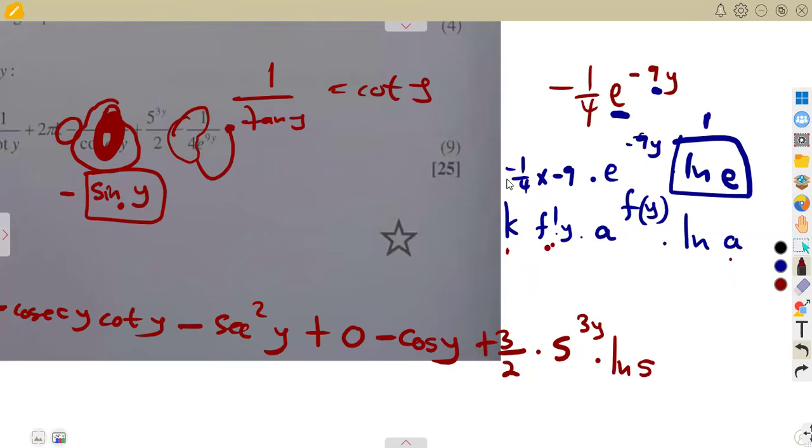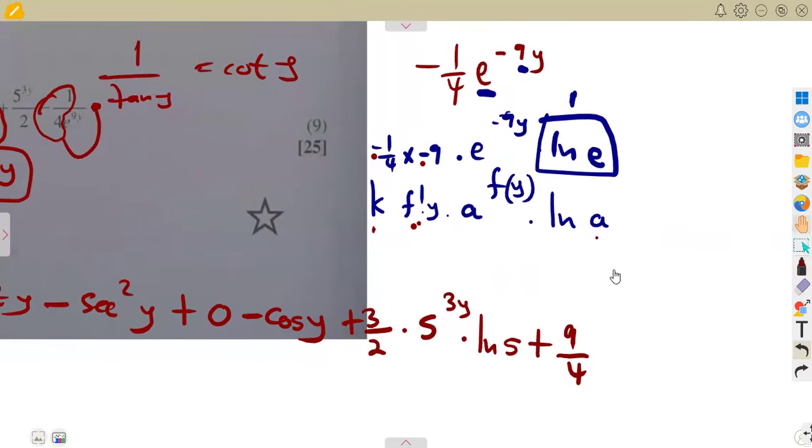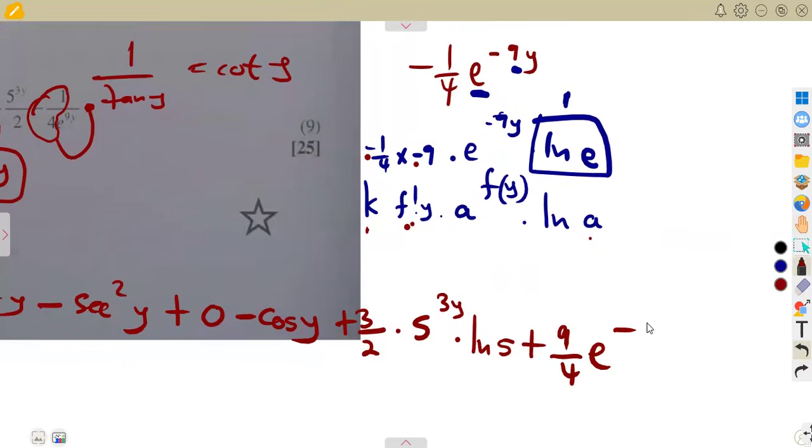So at the end, it was going to be minus 1 over 4 times this minus 9, which is positive 9 over 4, e to the exponent of minus 9y. You can even write it down like this, 9 over 4 e to the exponent of 9y, because it was a negative, you can even write it in the denominator. Remember, the ln of e is equal to 1.